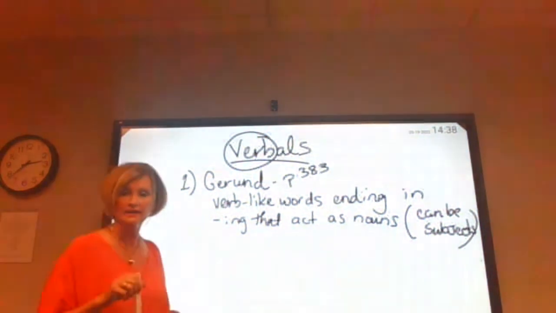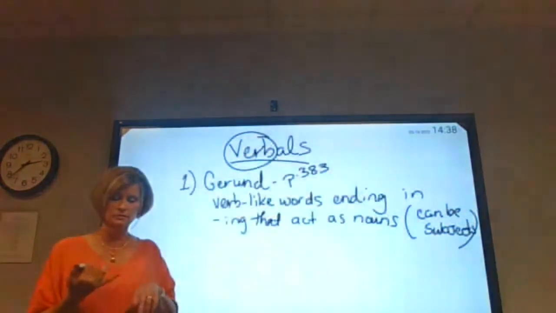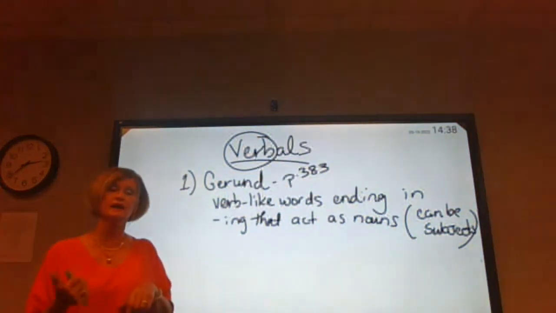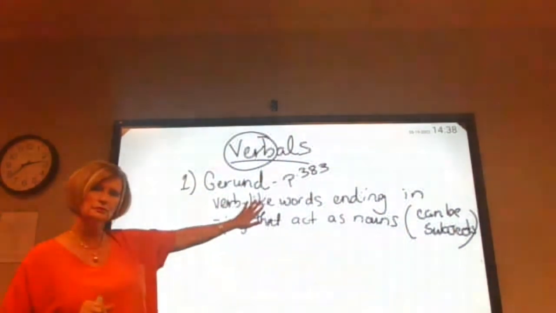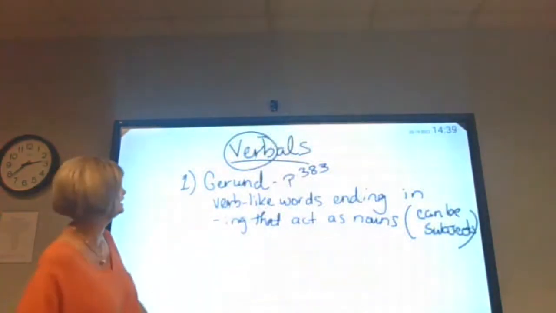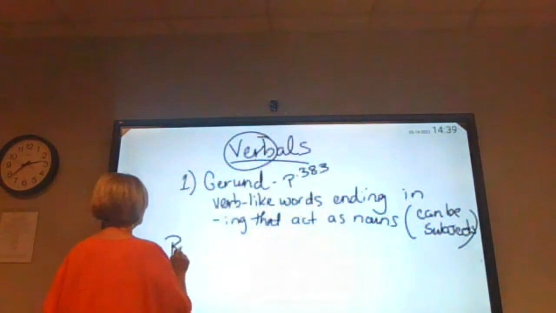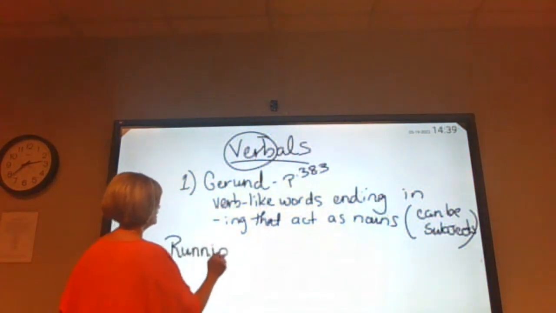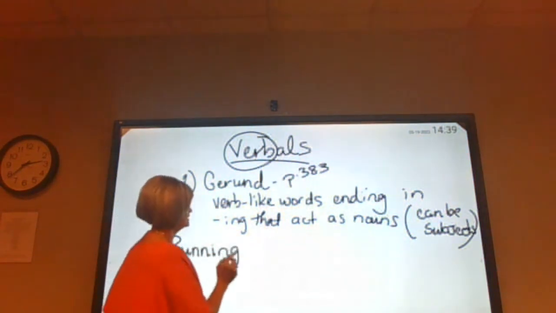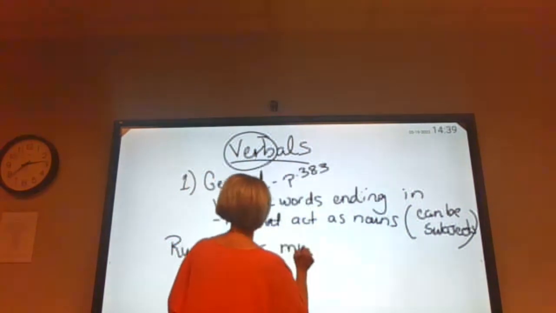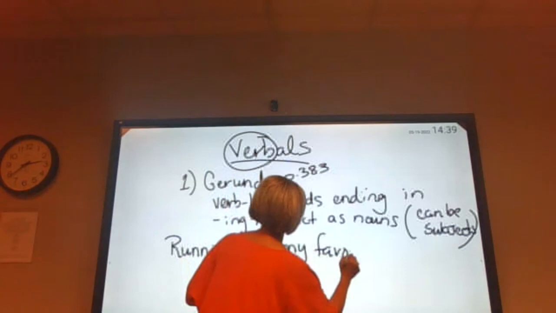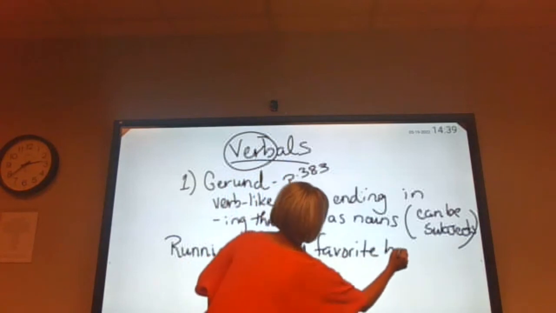Going back to noun: person, place, thing, idea, activity. This is really going to be your activity. So let's say, running, and this is a lie, and Mr. Faulkner will know it's a lie, but I'm using it as an example. Running is my favorite hobby.